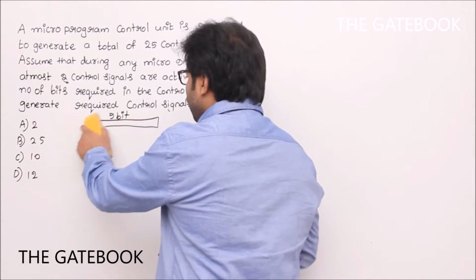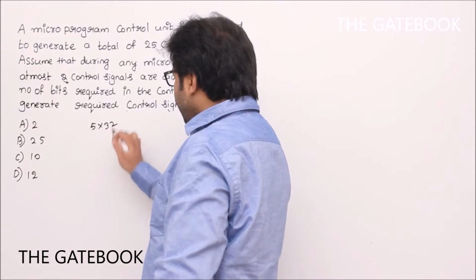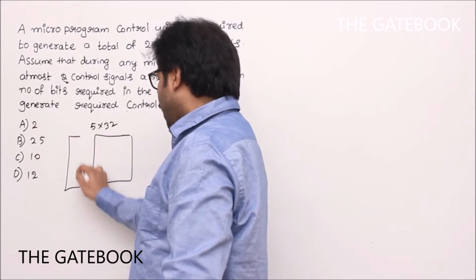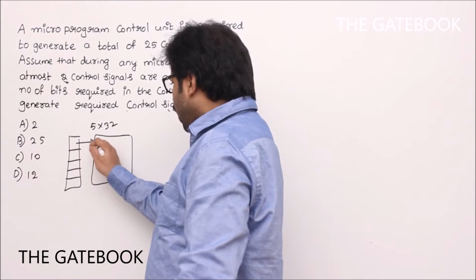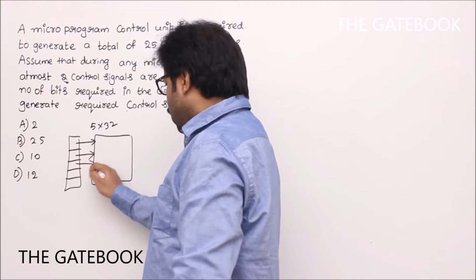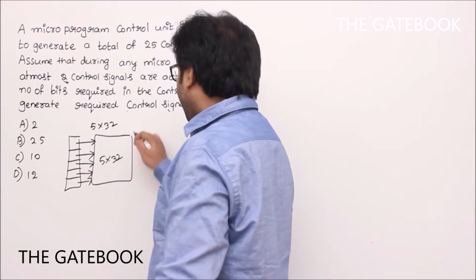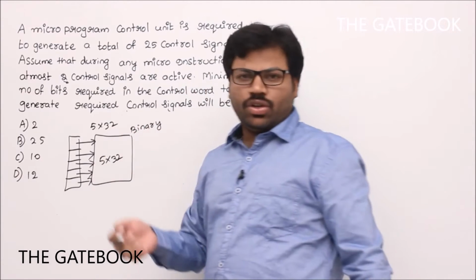Need to remember, if you have a 5x32 decoder, this is your 5-bit control word. That control word, if you connect here to your decoder, which is a 5x32 binary decoder, this is called a 5x32 binary decoder. The property of a binary decoder you know, right?